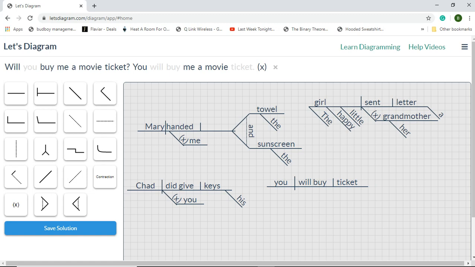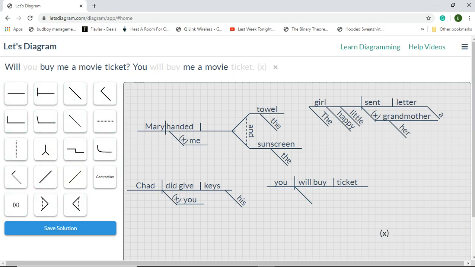Okay. Now what do we got left? Alright, so we have me, a, and movie are left, okay? Who are you going to buy for? They're going to buy for me. So me is our indirect object.